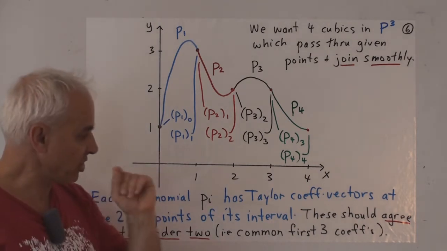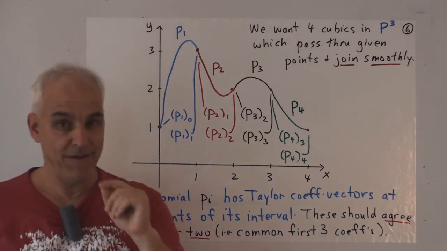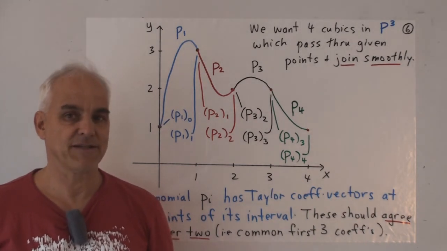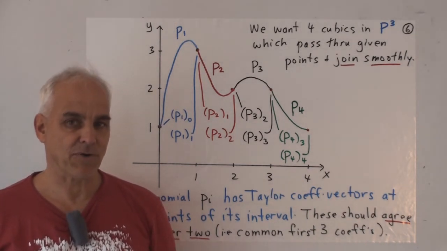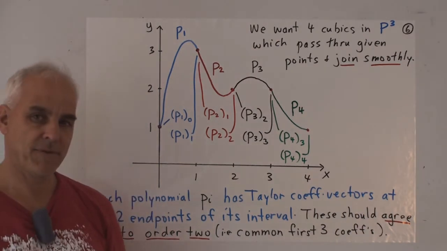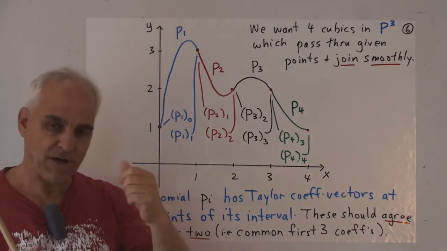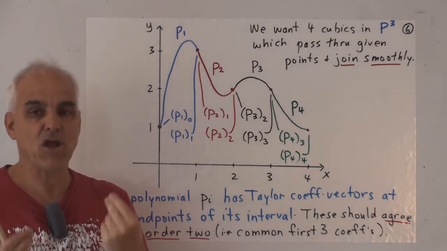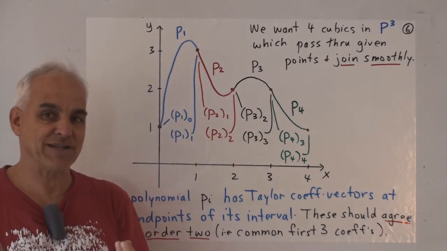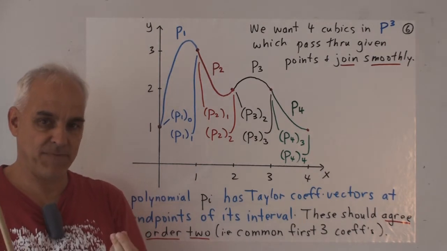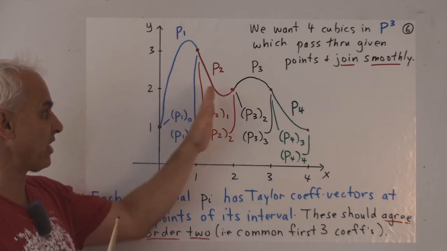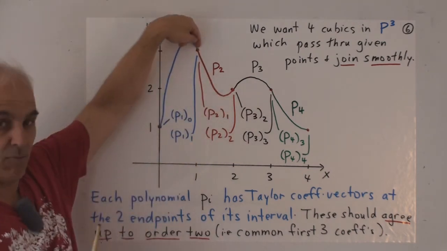All right, so our strategy is going to be, and this is a kind of a novel way of approaching this problem, I believe. I don't think you're going to find this in textbooks or too much on the web. So my point of view is that we want to understand this in terms of Taylor coefficient vectors, because they encode what the functions look like at the endpoints, and they allow us to smoothly make a transition from one function to another at some endpoint.